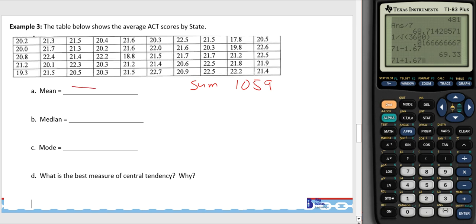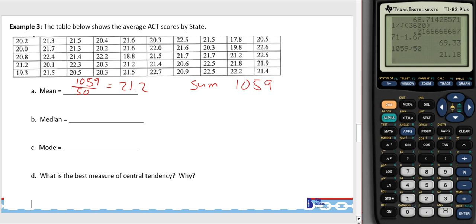So for that, you would take the 1059 divided by the 50 states. 1059 divided by 50. We get 21.2, since all of our other data is rounded to the nearest 10th.